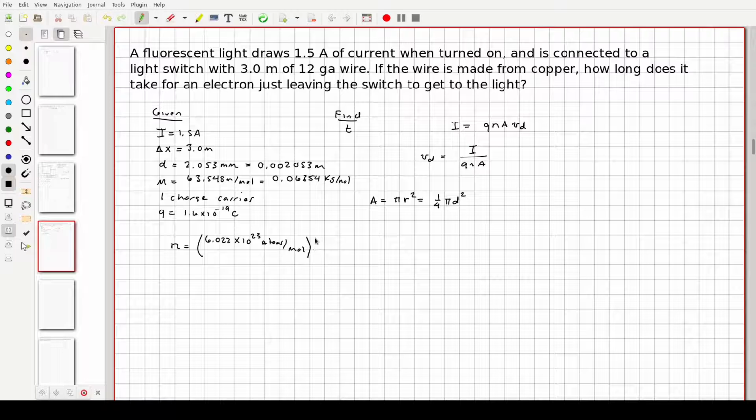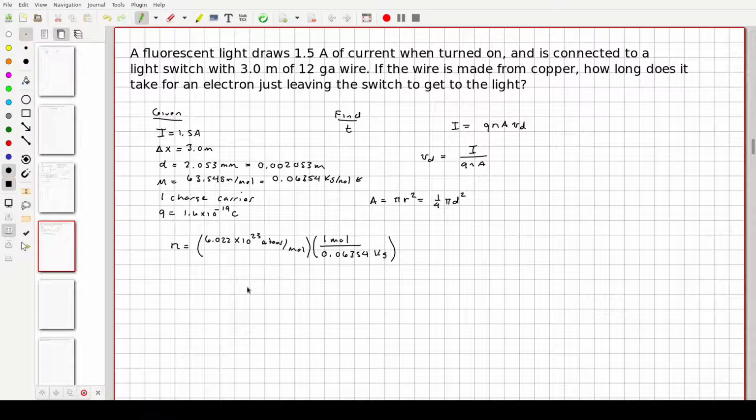Okay, so here we know that 1 mole of copper has a mass of 0.06354 kilograms. That's looking at this and flipping it.